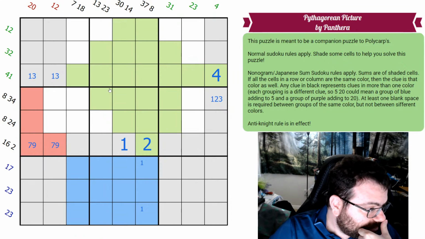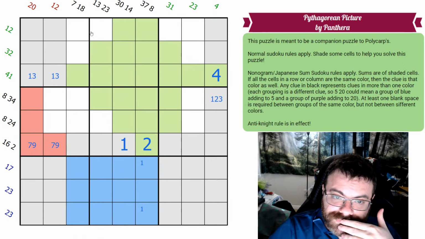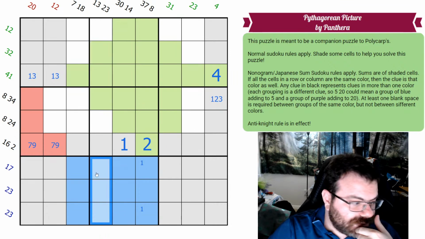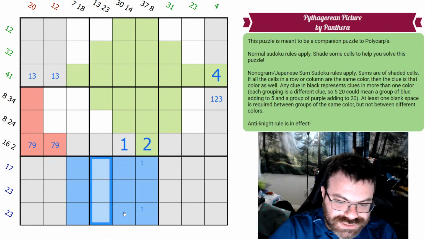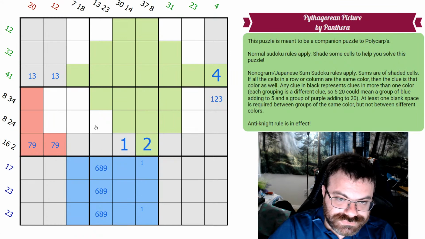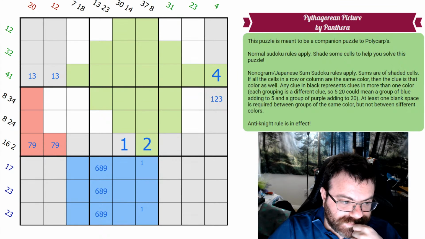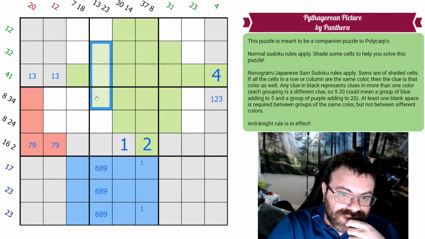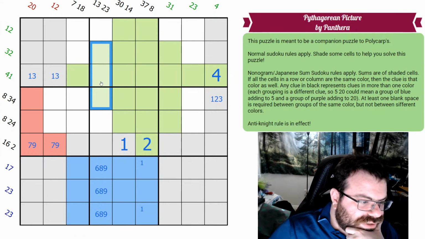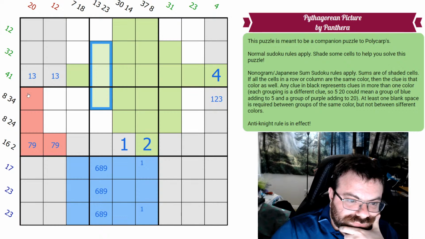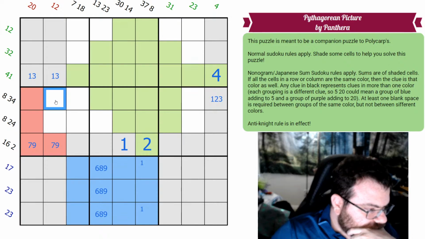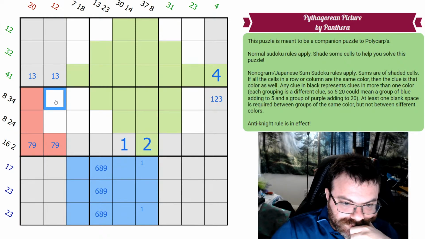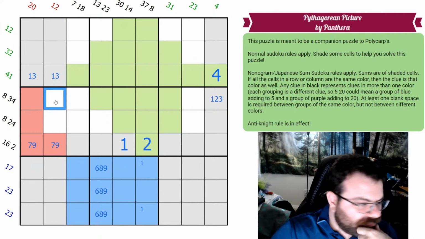What else did you say? Column... 23 and 4 is 6, 8, 9. Well, 13 can be 4 long still. What are we saying?